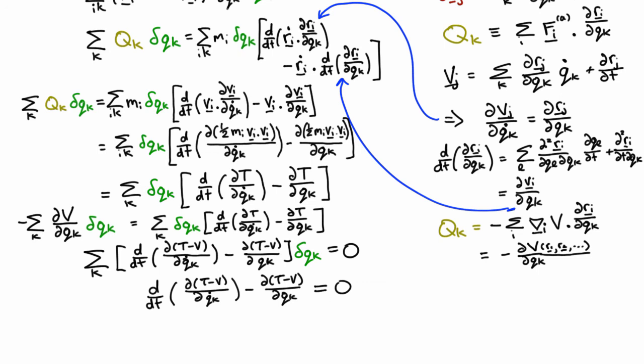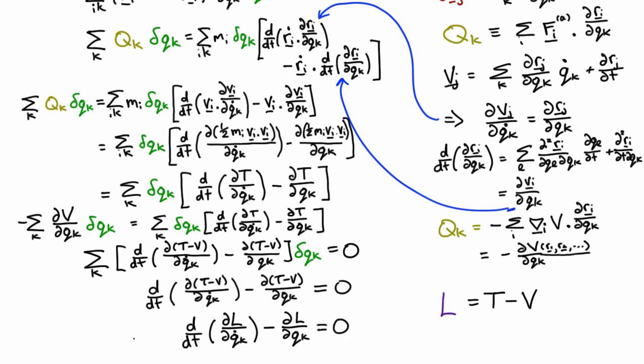And if we make one final definition, the Lagrangian is simply equal to the kinetic energy minus the potential energy, then we write this as the Euler-Lagrange equation that shows us pretty clearly that this object called the Lagrangian, integrated over time, appears to be either maximized or minimized. And so that's the Euler-Lagrange equation for mechanics.